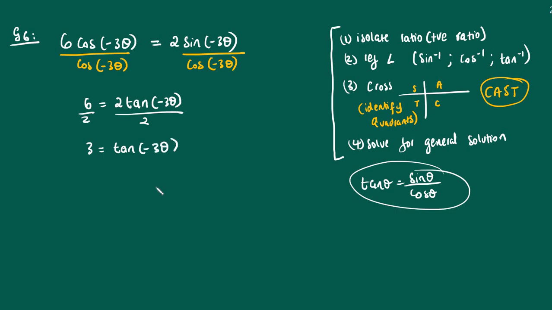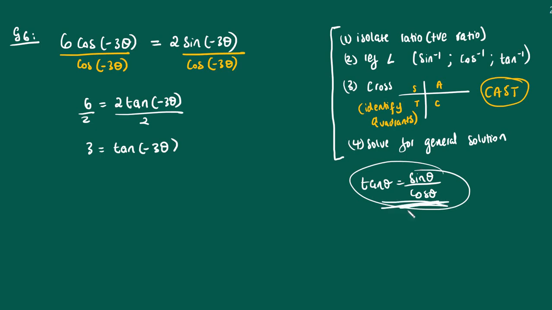Sir, with cos negative 3 theta and sine negative 3 theta, are the angles inside always gonna be the same, or will they differ at some point? The angles must always be the same for you to use this one.